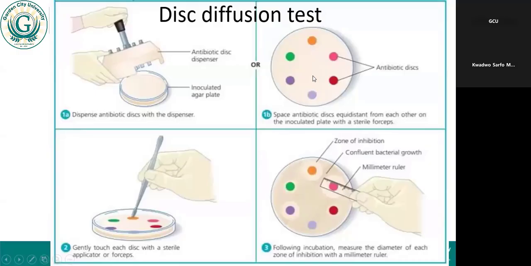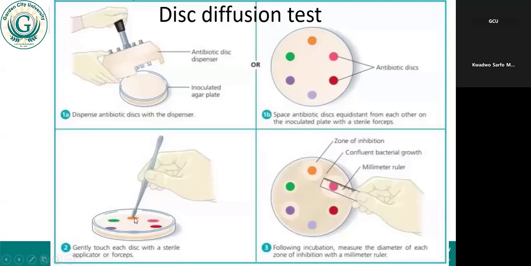Or you can use forceps to pick them manually and drop them onto the petri dish. Usually 5 or 6 discs per petri dish, spaced out. Then use the sterile forceps to depress them so that they don't fall off and have a firm grip onto the medium. Then incubate at this point.